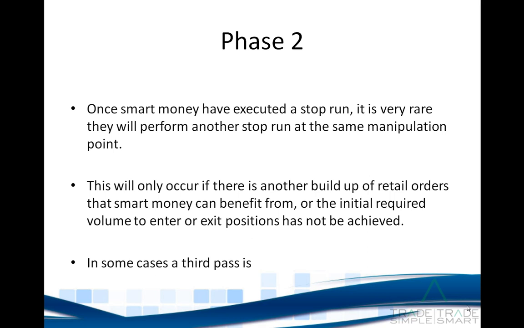And it's exactly the same concept with the levels that we identify. There'll be many times, and we will look at this in our section on identifying manipulation points, but there'll be many times, as we saw in examples, that you will have multiple areas where smart money may choose to manipulate the market. Now, if they come into a level and there is not enough retail orders coming into the market and they don't have the required volume, again, they may need to convince retail traders that the market is moving in a particular direction.